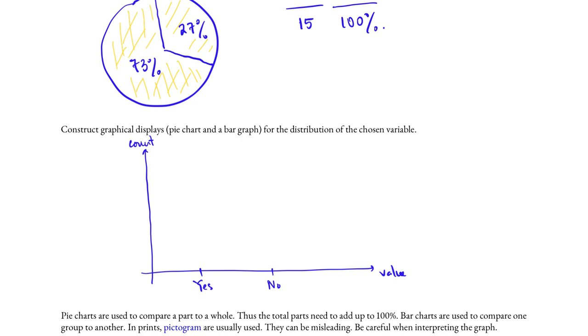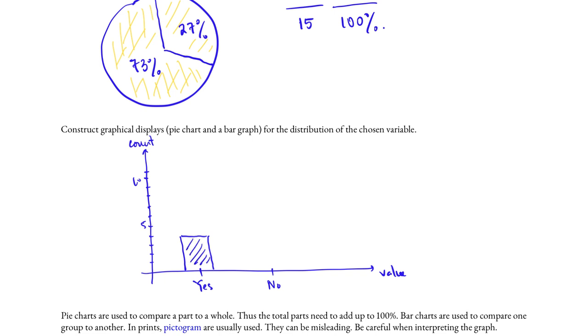So for example, let's just say that we use the count 1, 2, 3, 4, 5, 6, 7, 8, 9, 10, 11. And so for yes, there are 4, so we would draw a bar that is 4 counts in height.